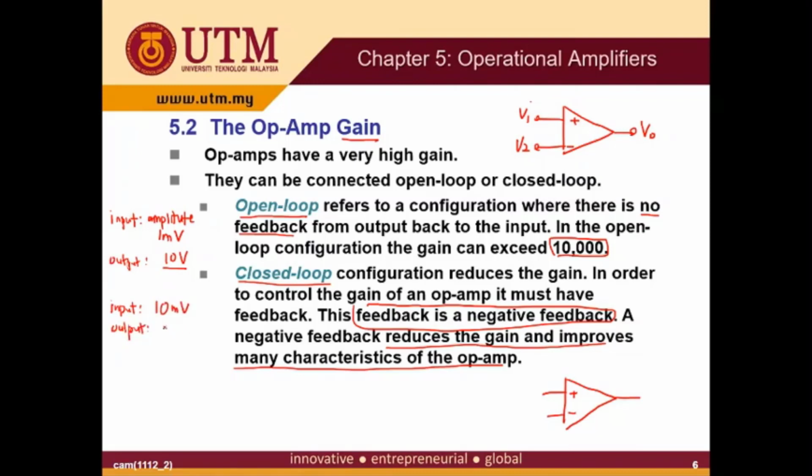The output will become 100 volt. 100 volt is very large, a very large signal.